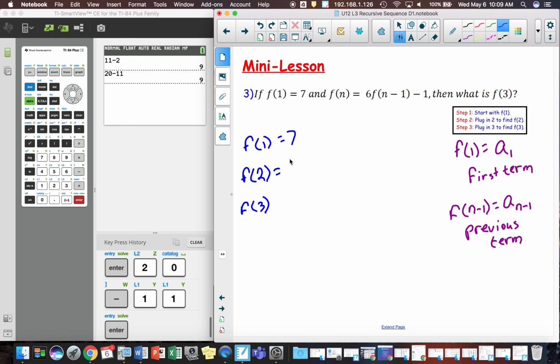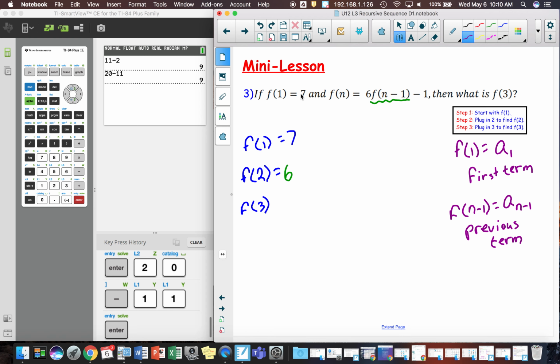Okay. So in order to find f of 2, our rule says that we need to rewrite everything else. I have 6, and instead of writing f of n minus 1, I'm going to write the term before. We know that this means previous term.